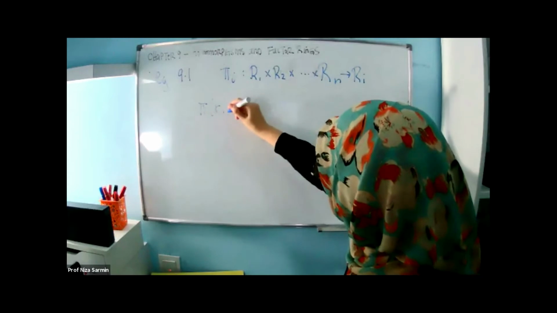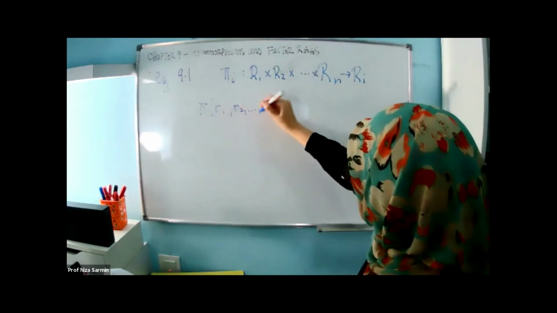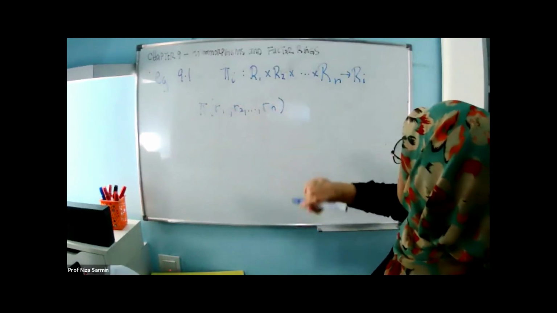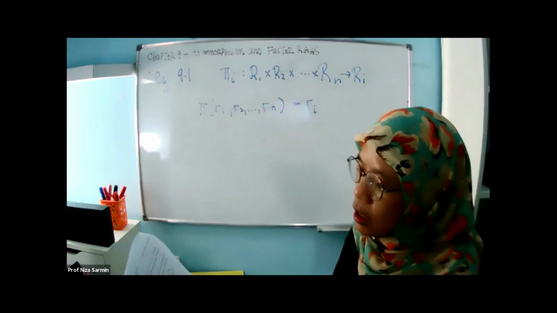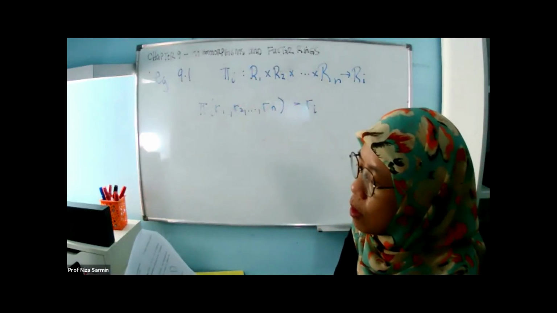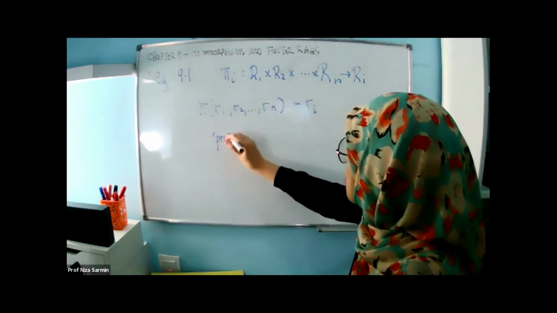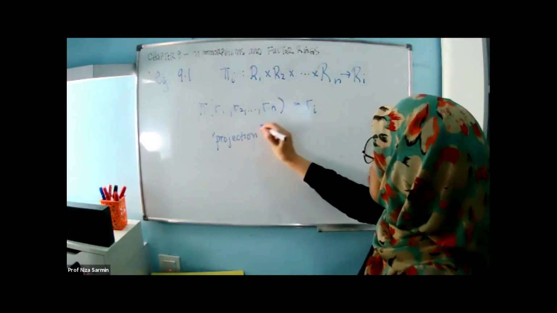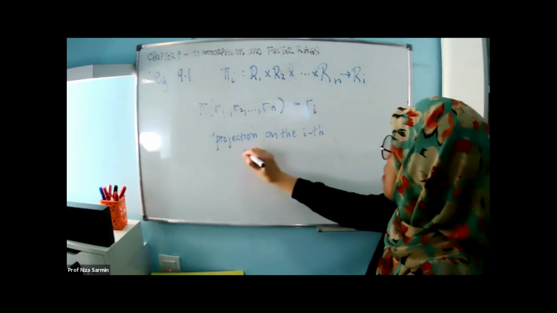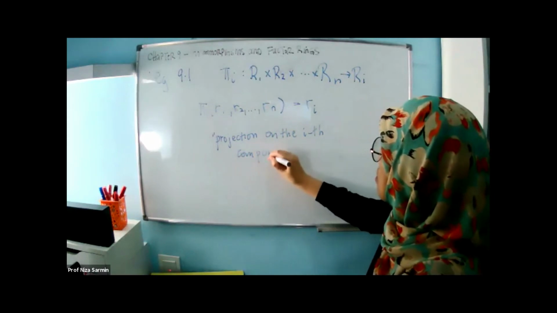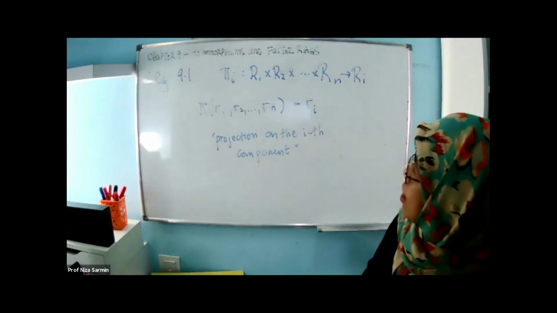The direct product R1, R2, up to Rn is equal to the product over i from 1 to n. So this is like the projection on the ith component. You can define it like this.